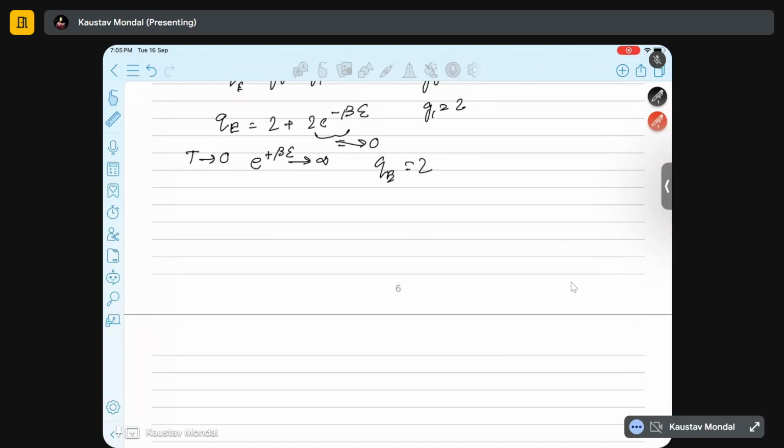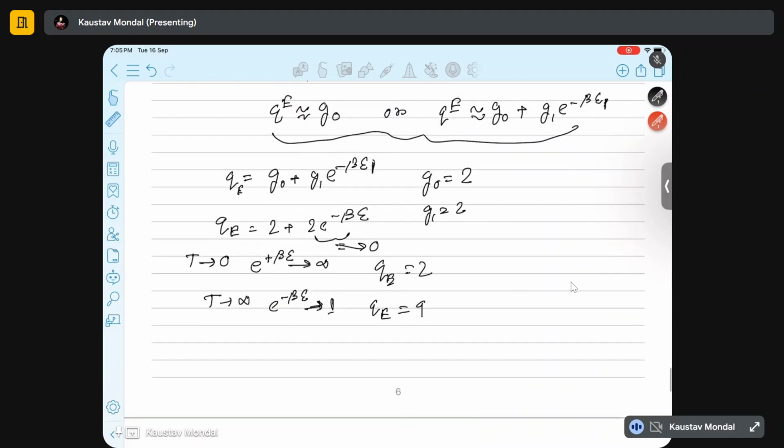And when the temperature tends to infinity, then e to the power minus beta epsilon tends to 1, because beta epsilon also tends to 0. So q_el would become 4. If you plot the function, it looks like this.